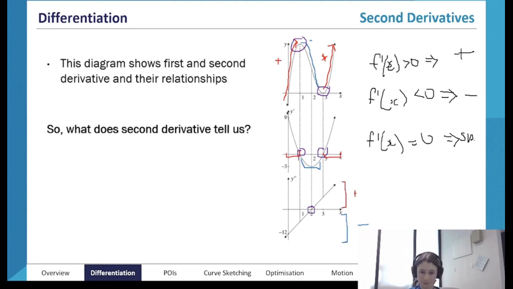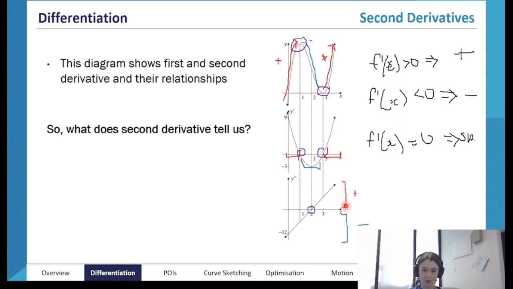So what we can firstly recognize is that this positive portion of the second derivative corresponds with the section of the first derivative that has a positive gradient, which is exactly the relationship that we saw between these two. But of course, because the second derivative is the derivative of this function, we can also see a similar relationship.